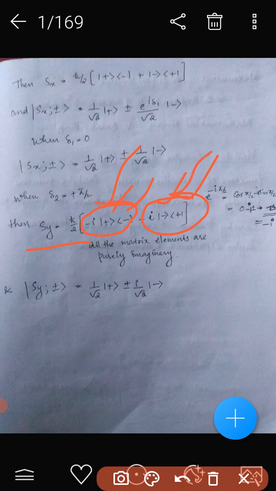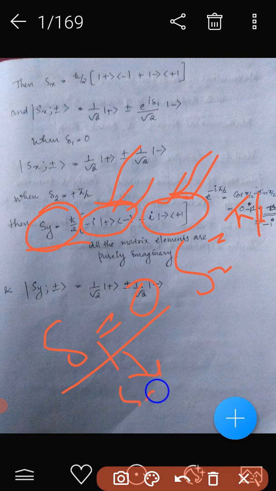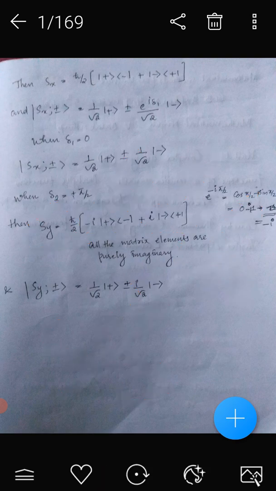So the matrix elements are purely imaginary in the case of the operator Sy. That is, if we take delta 1 equal to 0, then delta 2 is equal to pi by 2, and the matrix elements of Sx are purely real, and the Sy components are purely imaginary.